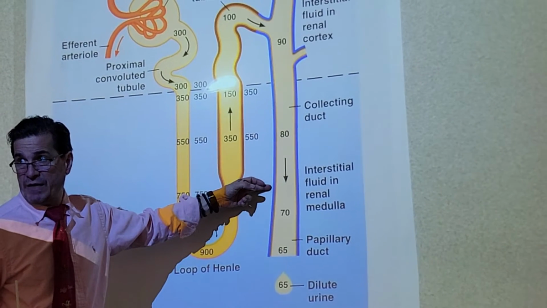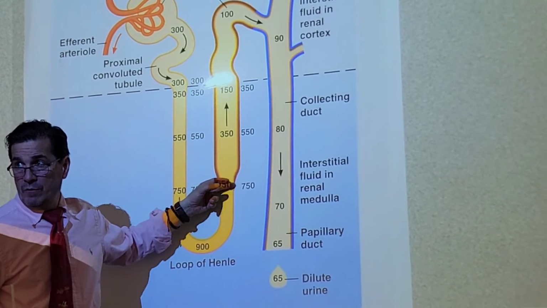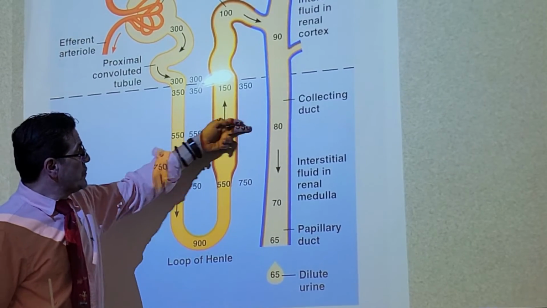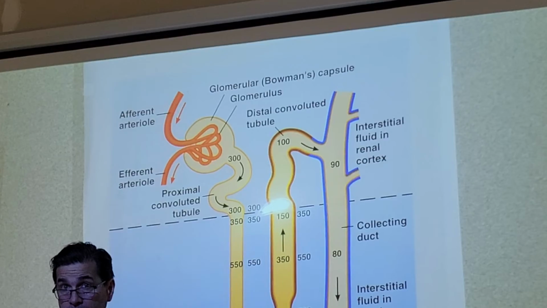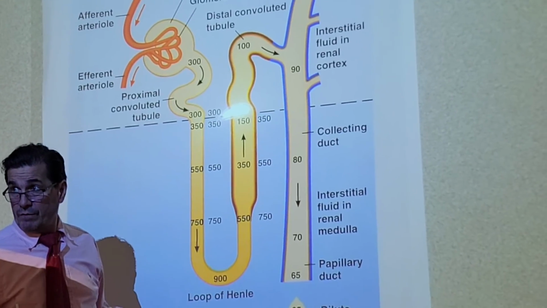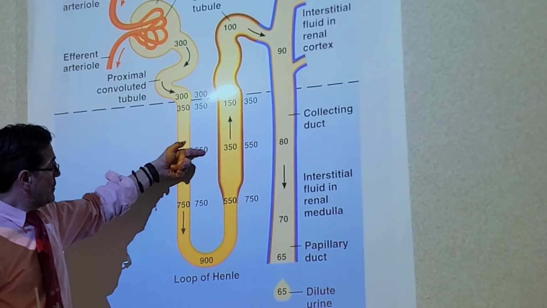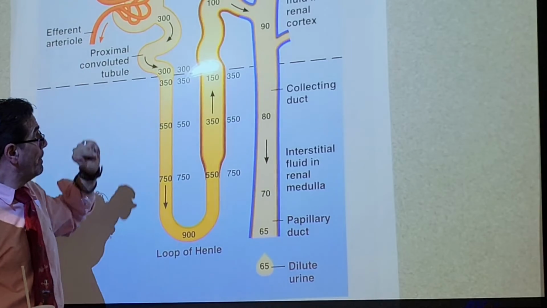So what happens is it migrates out. Sodium moves, water moves. Concentration difference, sodium moves, water moves. You guys follow that? Over here, it's the same, so it doesn't move. Here, it's the same. Here, it's the same.